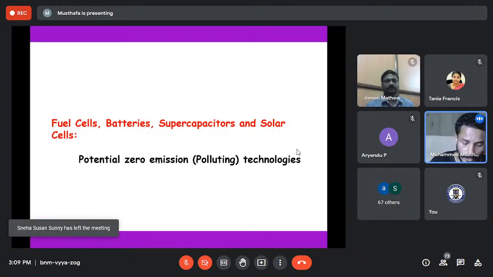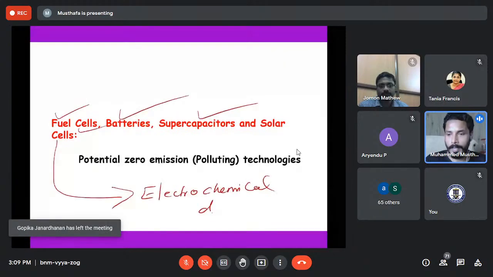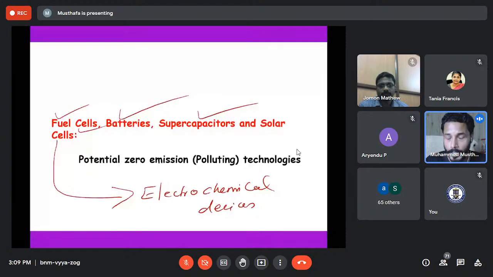And all these devices, fuel cells, batteries, supercapacitors, solar cells, are electrochemical devices, and that is why electrochemistry assumes great significance for the survival of our planet.